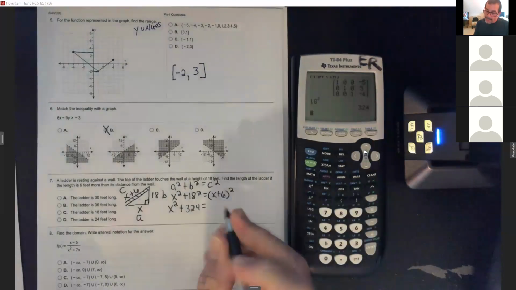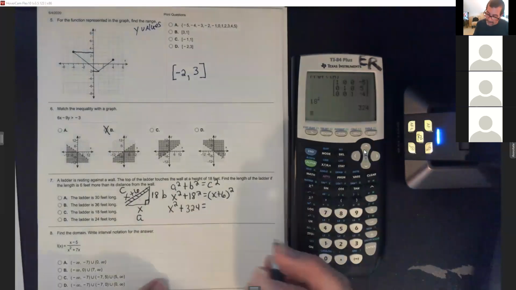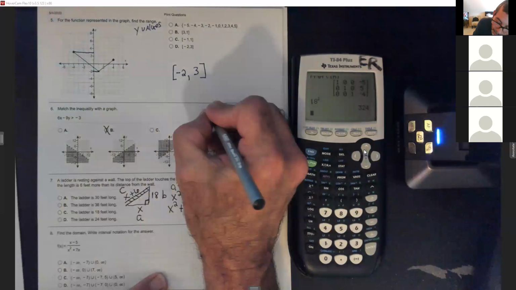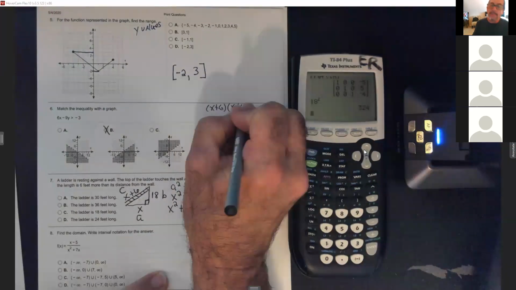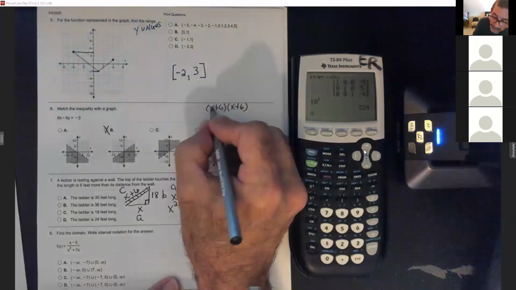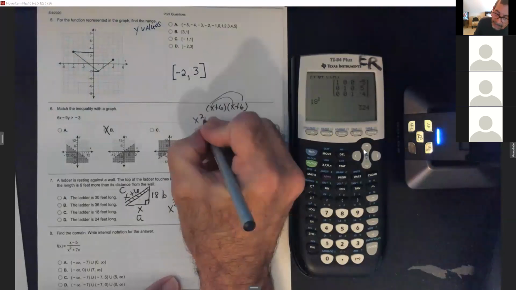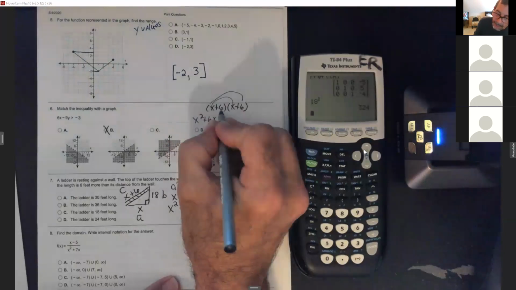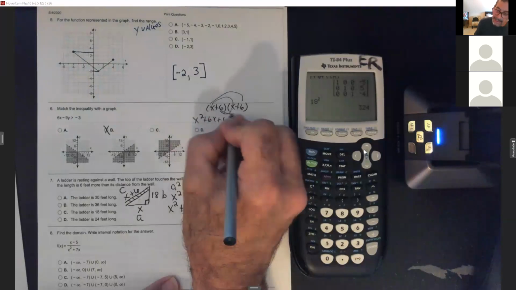That's going to equal X plus 6 squared. So the X plus 6 squared, I'm going to work that right here, is X plus 6 times X plus 6. You got to FOIL that. So you'll do an X squared plus 6X plus 6X and then plus 36.